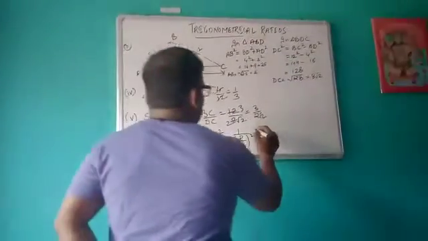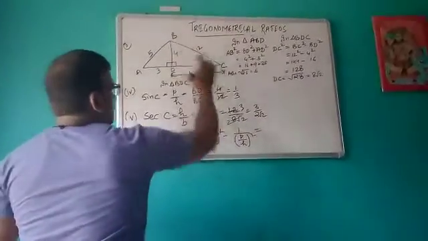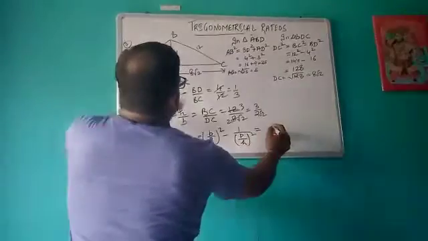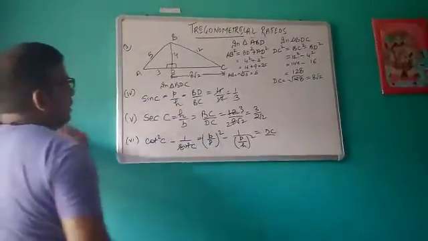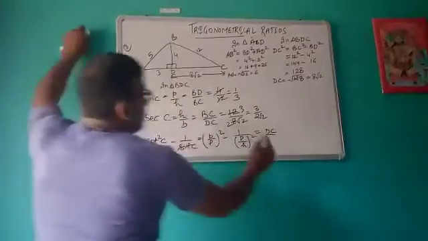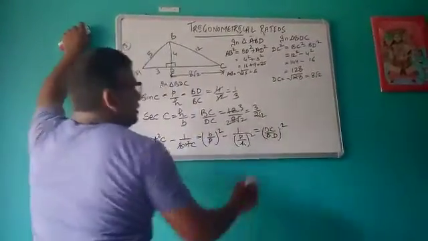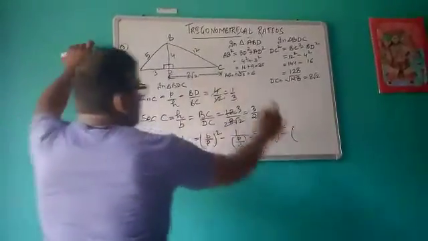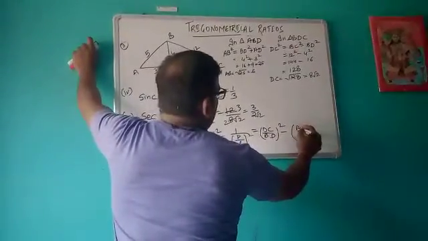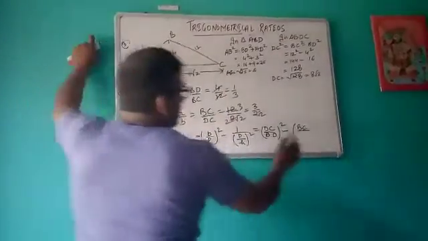So for this C, what is your B? BC. And what is your P? BD. Minus, it is P upon H. So what is your H? H will again be BC. And what is your P? BD.